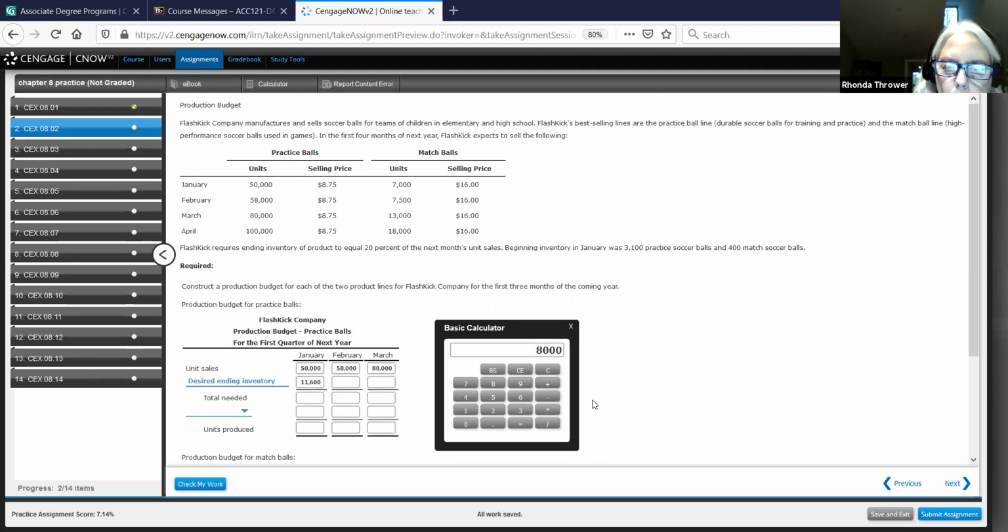And we'd have to multiply that by 20%. And then for March, we'd have to go back up here and look at April's sales for practice balls were 100,000. If you multiplied 100,000 times 20%, it'll give you 20,000 here.